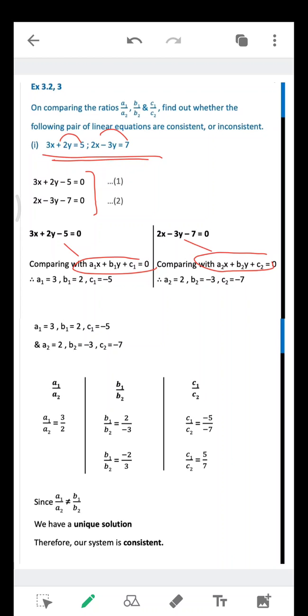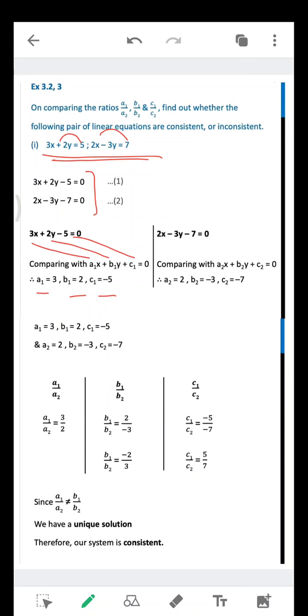Let's see what our a1, b1, c1 and a2, b2, c2 values will be. a1 will be the coefficient of x. What is the coefficient of x? 3. b1 will be the coefficient of y, that is 2, and c1 will be the constant, that is minus 5.